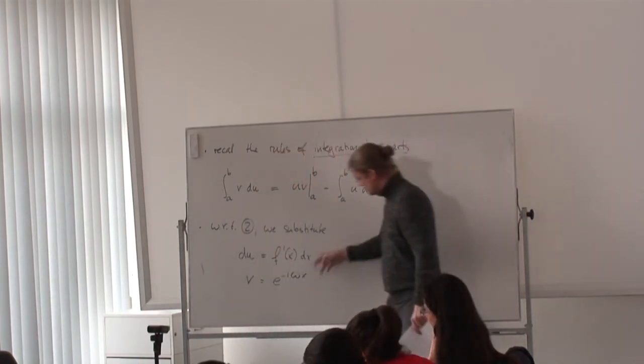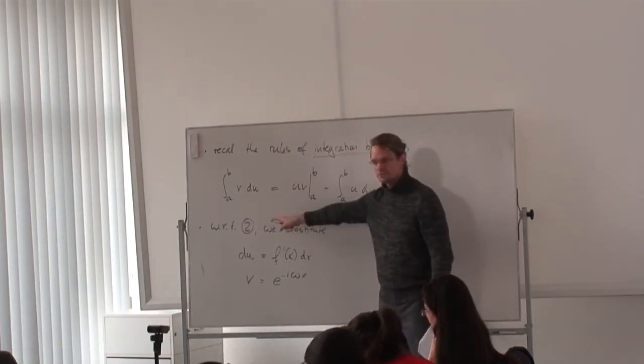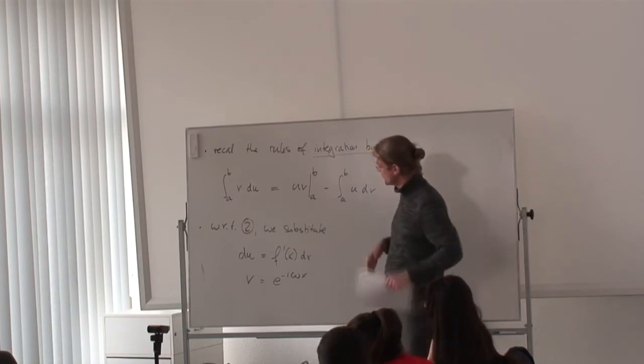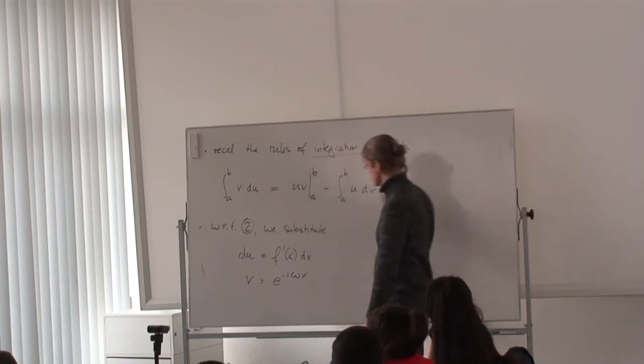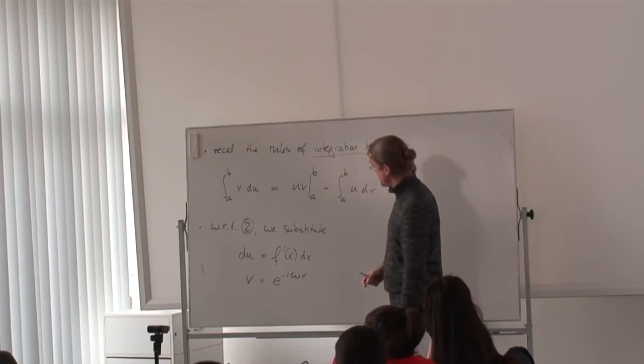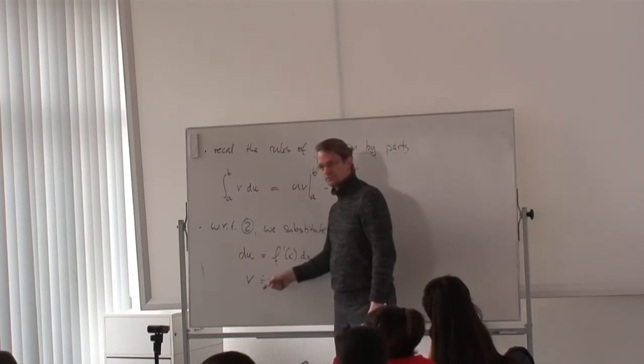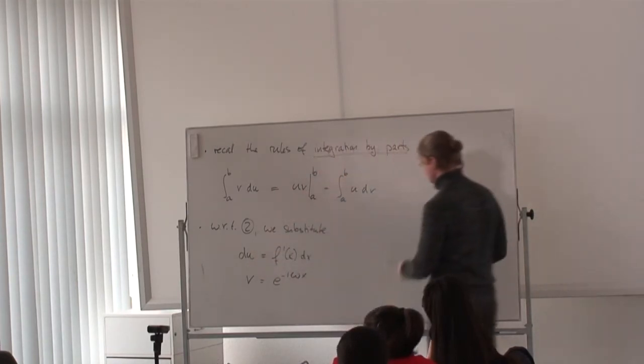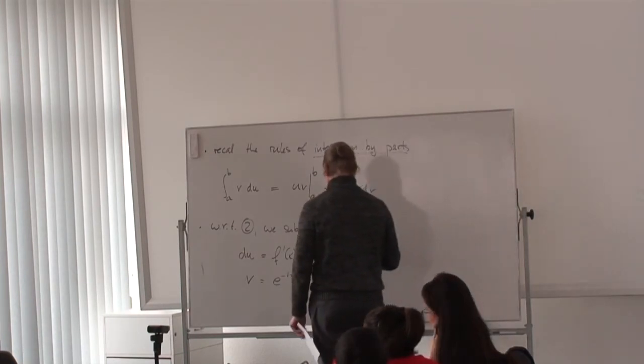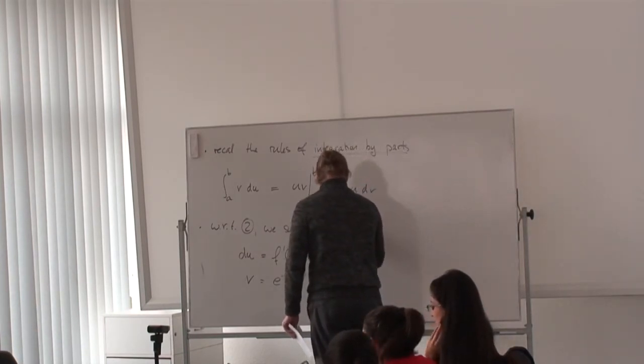Right? These are two things that occurred in equation 2, and if we want to attack equation 2 using this general rule of integration, we can make this substitution here, right? And then we take it further.